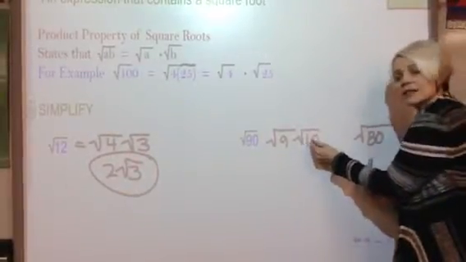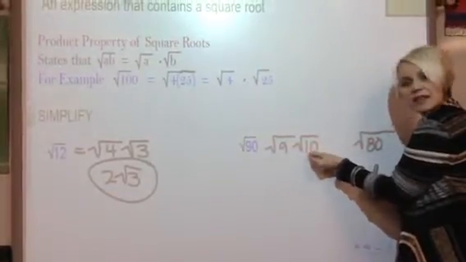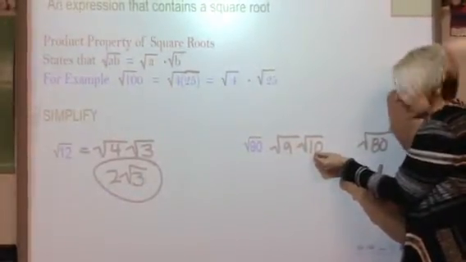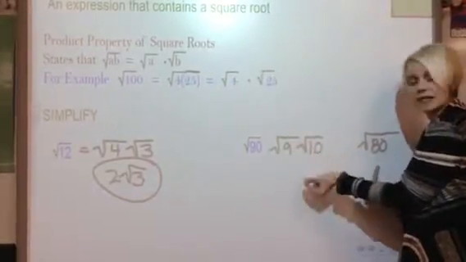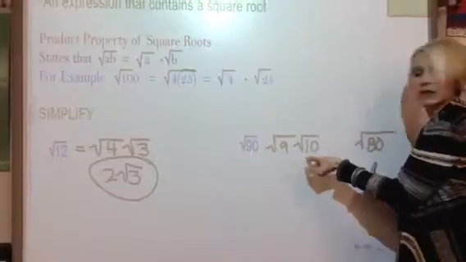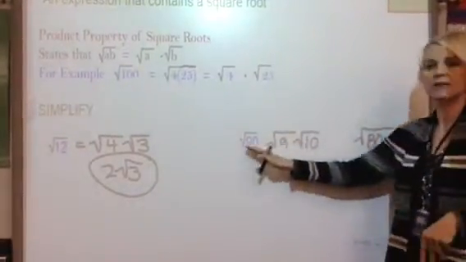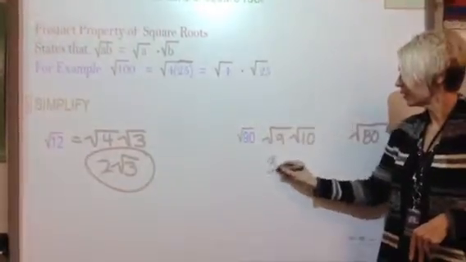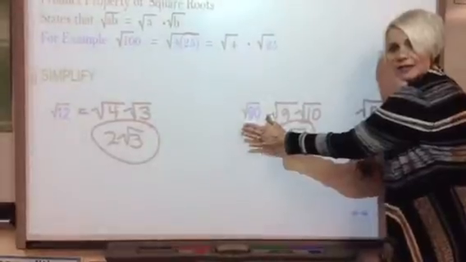Now this will be simplified because there is nothing that can be divided into 10 that is a perfect square. We know that for sure. I can't take 10 divided by 4. I can't take 10 divided by 1. Well, I could, but we don't care about 1, okay? We're going to leave 1 out. So this is 3 radical 10, and that is the simplified form of radical 90.